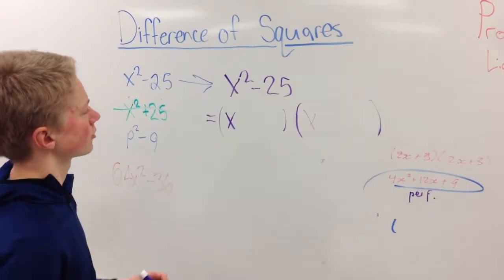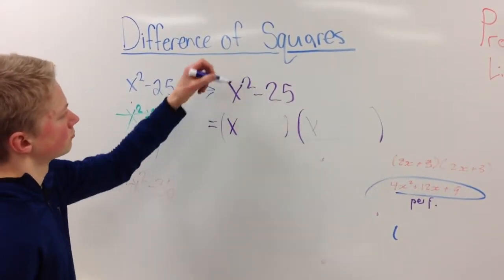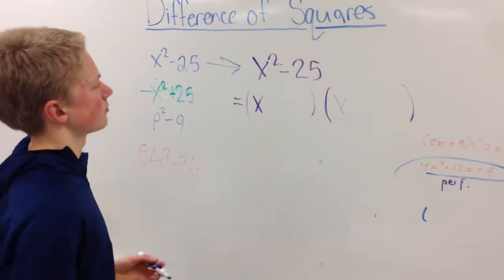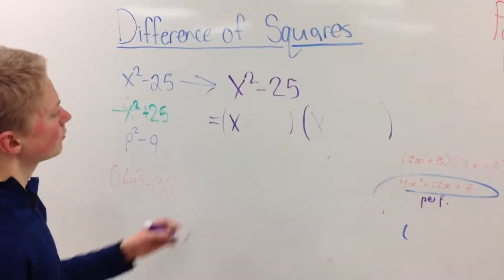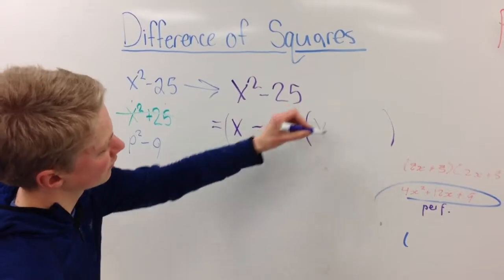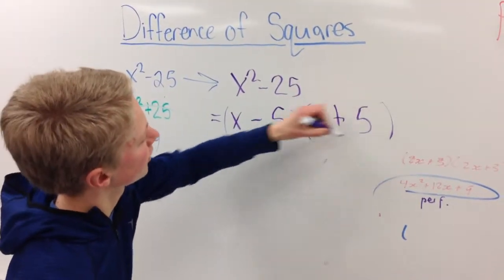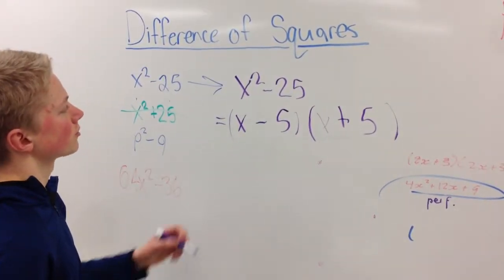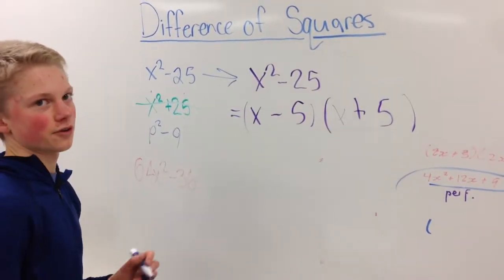X and x. We can start with that because we know that x times x equals x squared. And then we just know that x minus 5 and x plus 5 have to be our other two terms, because that's what multiplies to give us 25.